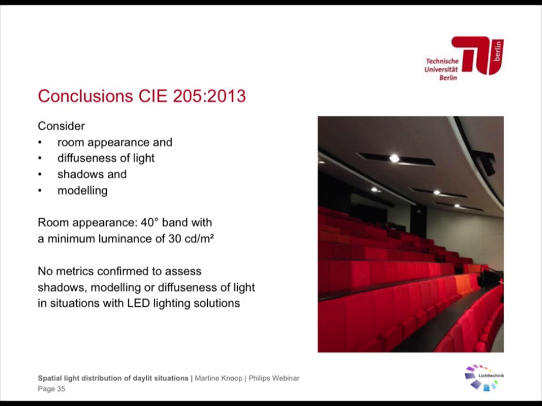This report of CIE says we need about 30 candelas per square meter. Therefore, it's argued by a number of researchers that the required wall luminances in the European standards are too low.